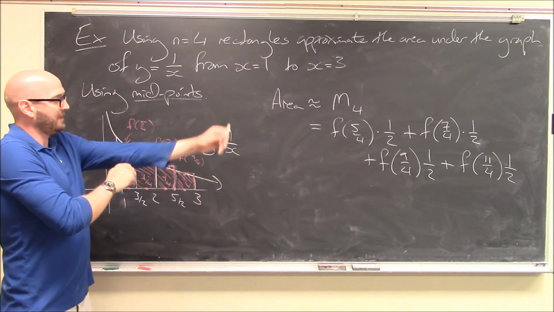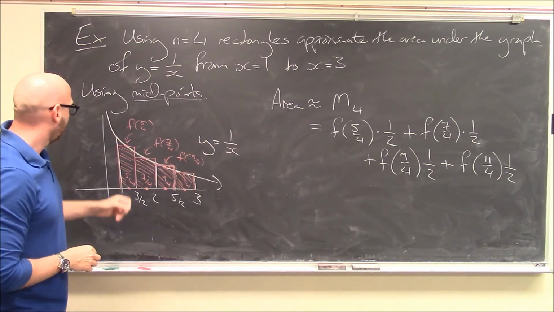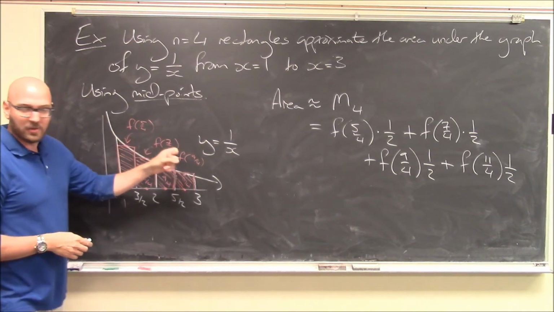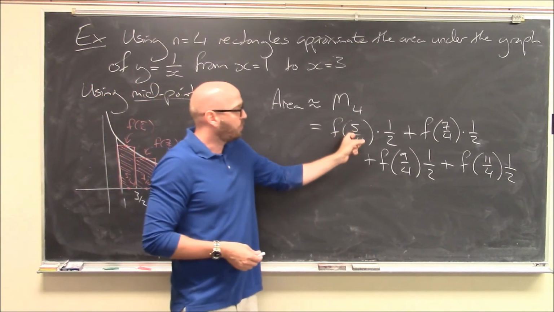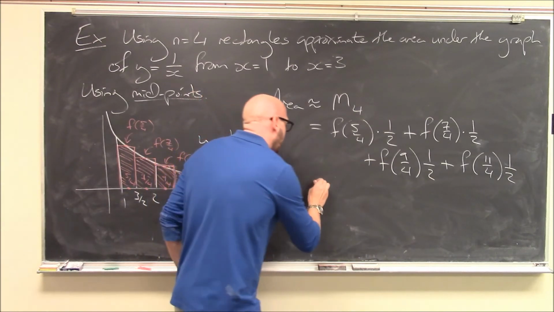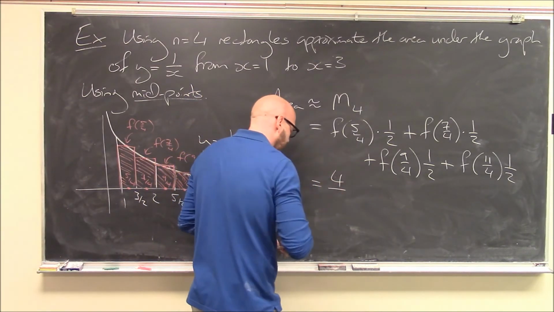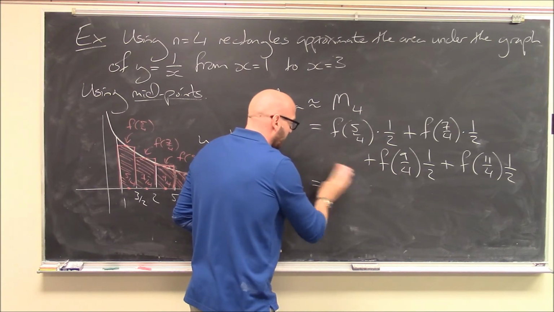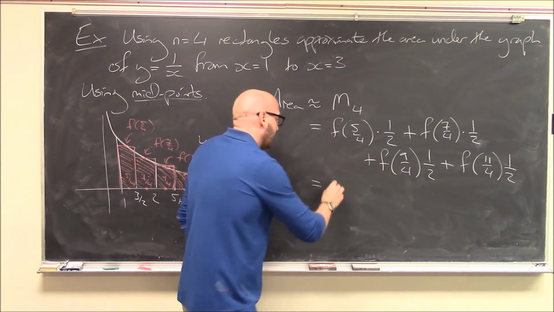And now we just have to evaluate those numbers. So what are these actually? f of 5/4. Well, our function is 1 over x, so this is 1 over 5/4, and 1 over 5/4, you flip the fraction, it's 4/5. Actually, I'm going to do one more thing before I plug this all in. Everything's times 1/2, so let's factor out the 1/2.